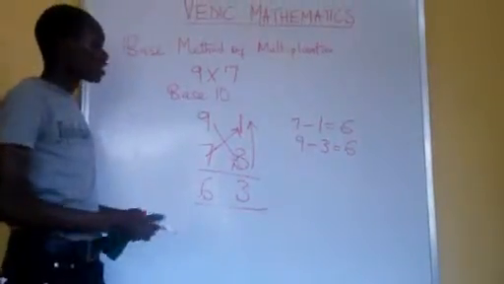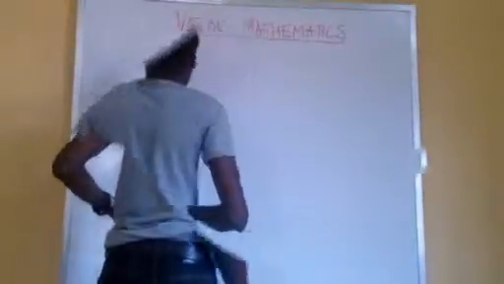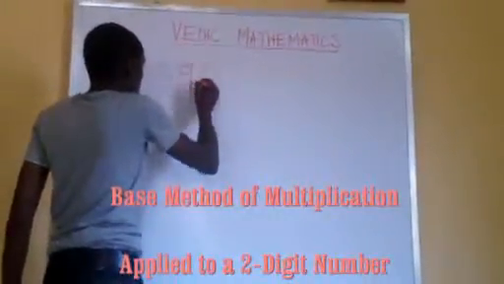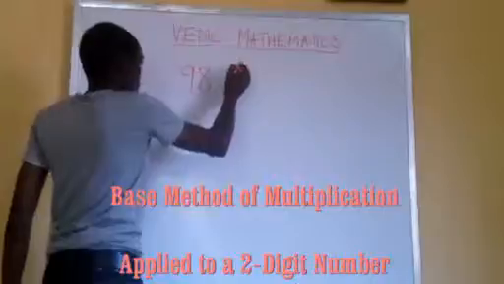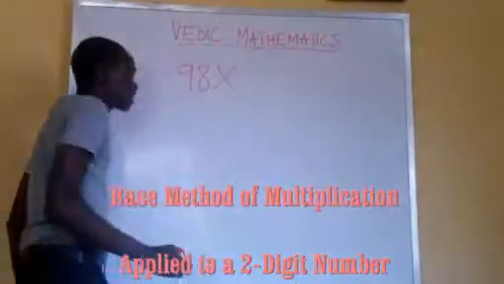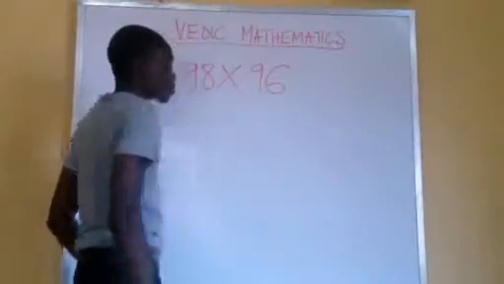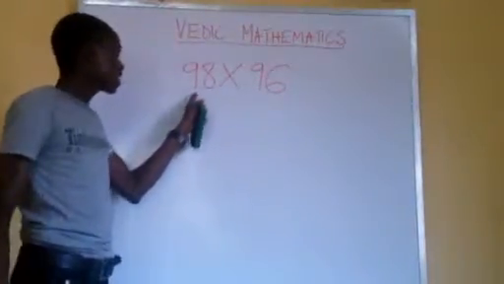So we're going to look at another example. Let's assume you were given 98 and 96 to multiply.